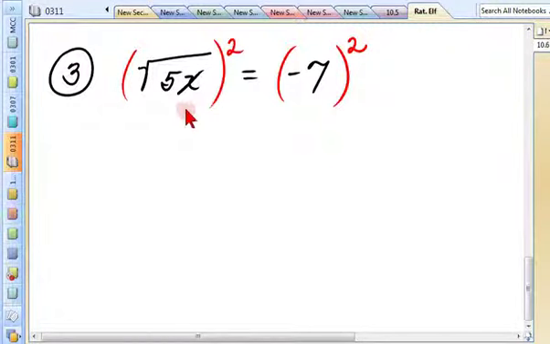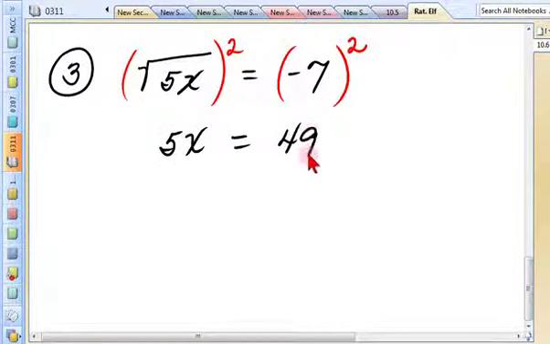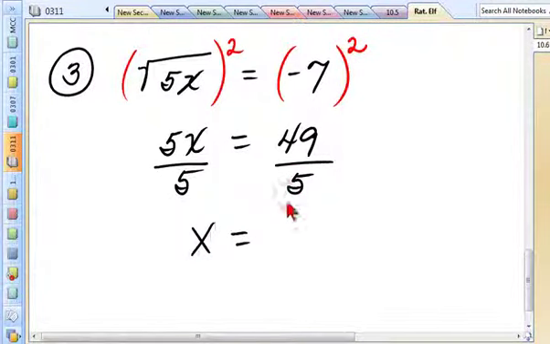If I square the square root of 5x, I get 5x. And if I square negative 7, I get 49. It's a linear equation. Divide by 5. And I'm going to leave it improper as 49 over 5.